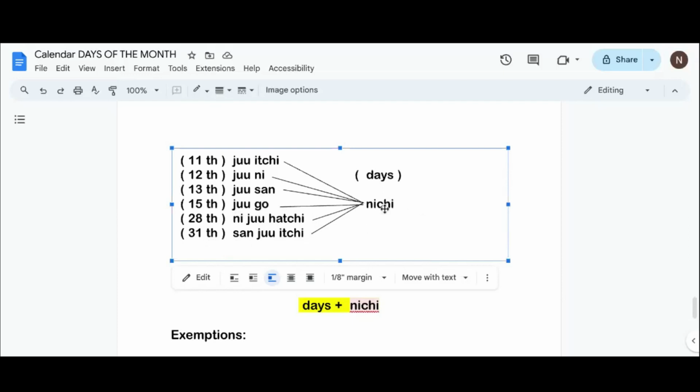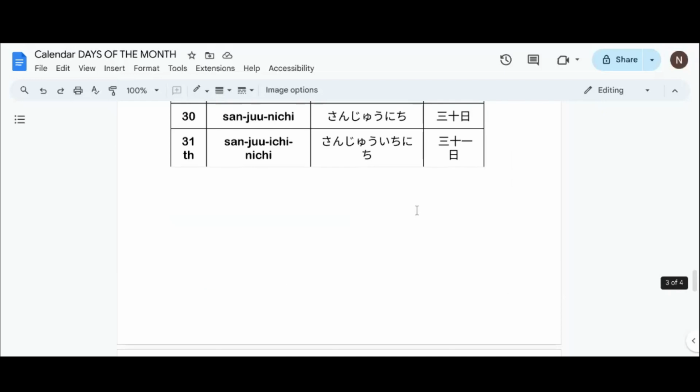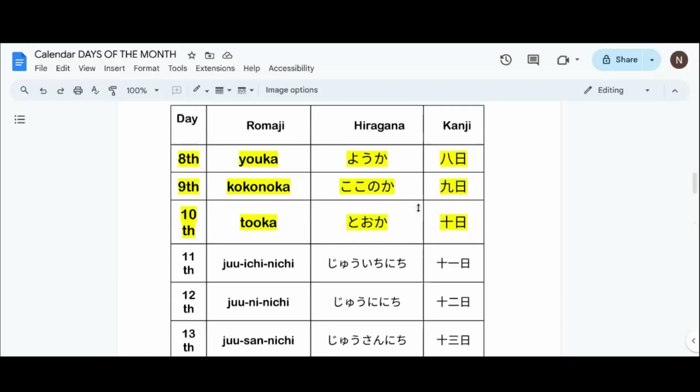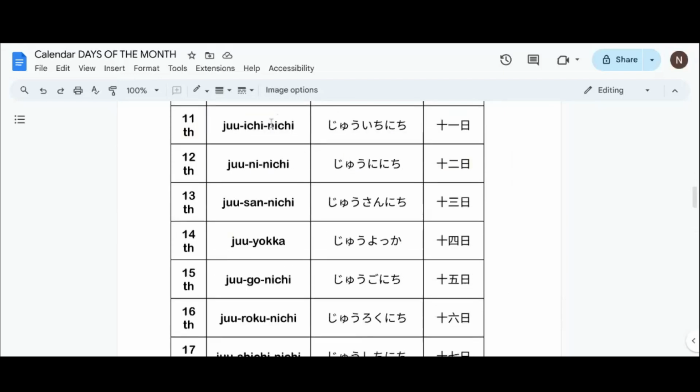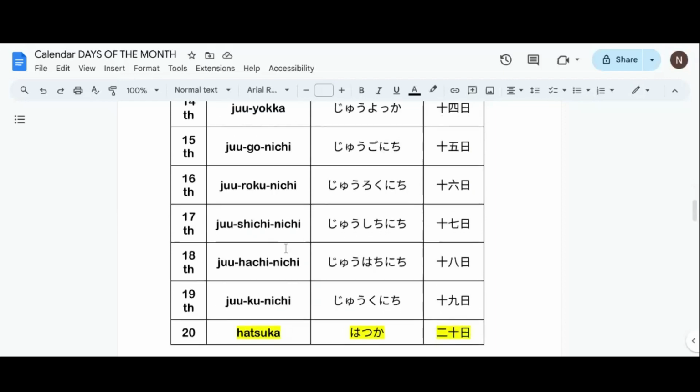Simple as that. Nichi means the days. So starting from the 11th day, you just add nichi: juichi nichi, jusan nichi, jugo nichi, juroku nichi.